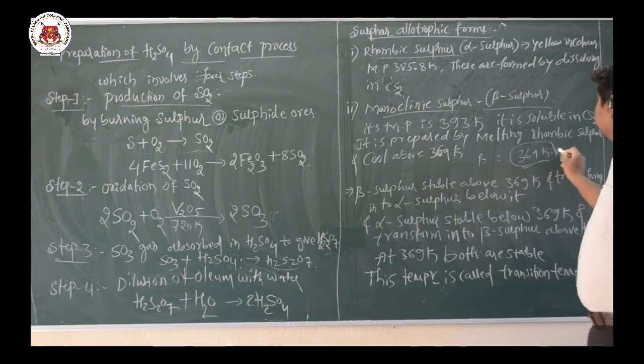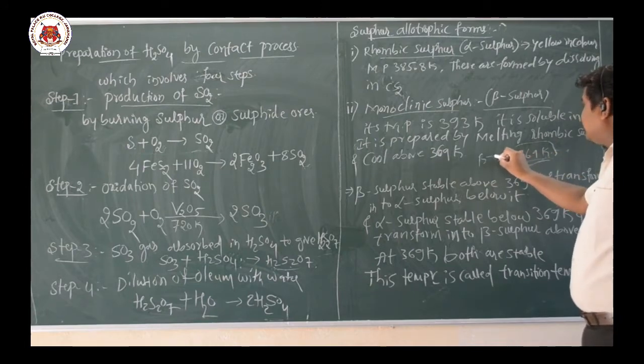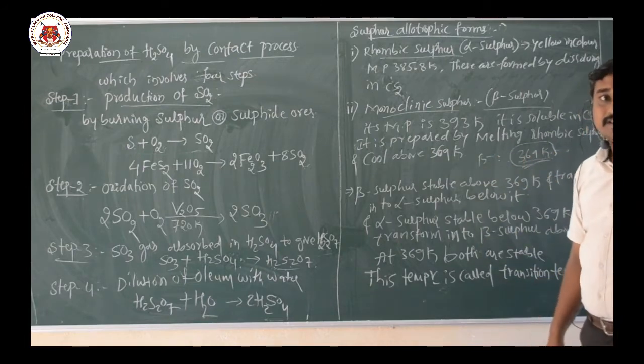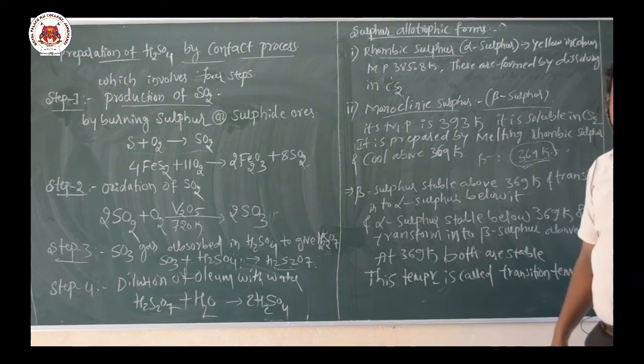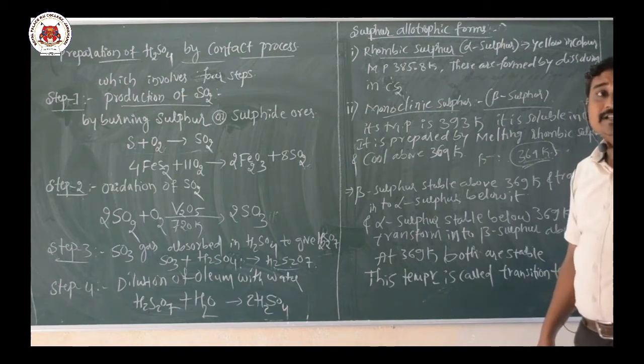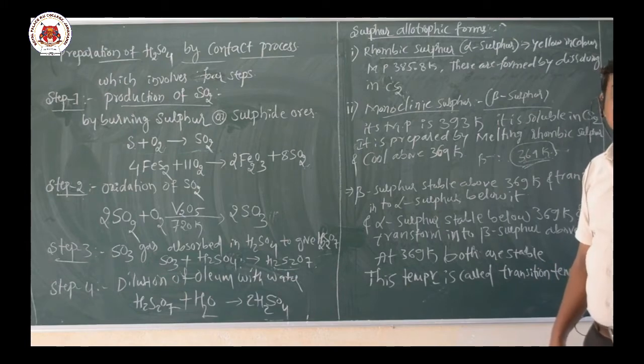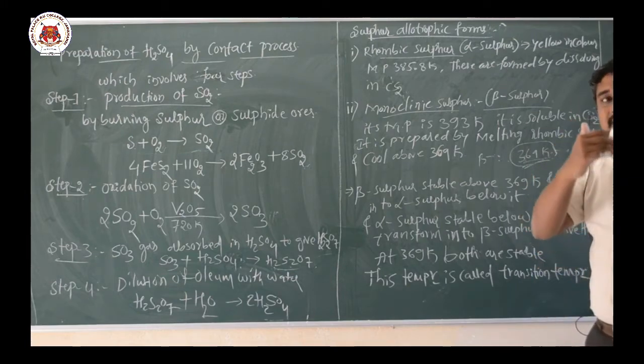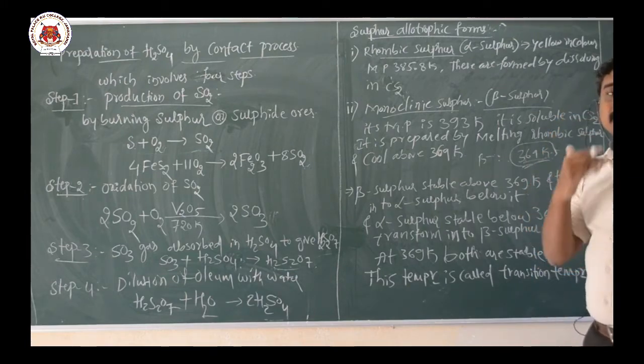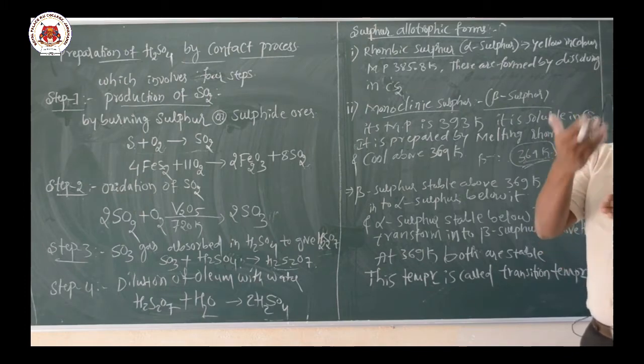When the temperature decreases below 369 Kelvin, the beta sulfur is converted into alpha sulfur.